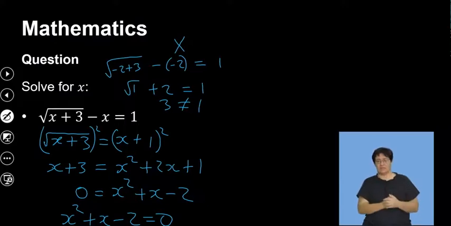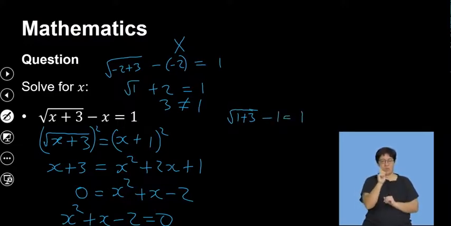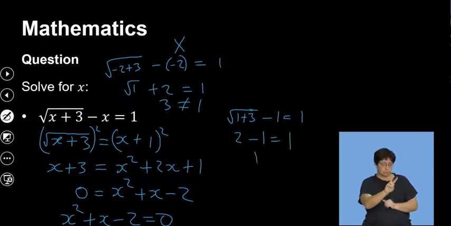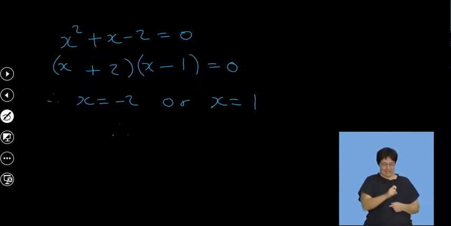If I substitute 1 there, it will be square root of 1 plus 3, and then minus 1, and this must be equal to 1. So square root of 1 plus 3 is the same as square root of 4, which is 2 minus 1. It is definitely equal to 1. So 1 will be equal to 1. Then you conclude, therefore, x is equal to 1.